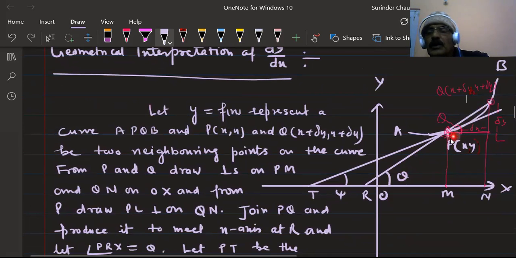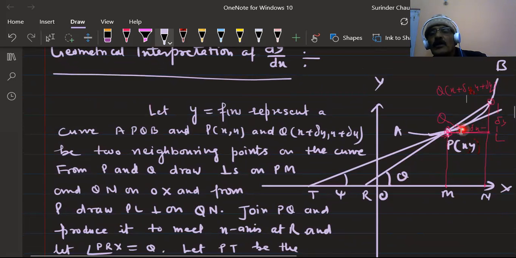Now from the diagram, as Q approaches P, this secant will become the tangent. Q approaching P means delta x is 0 or delta y is 0.